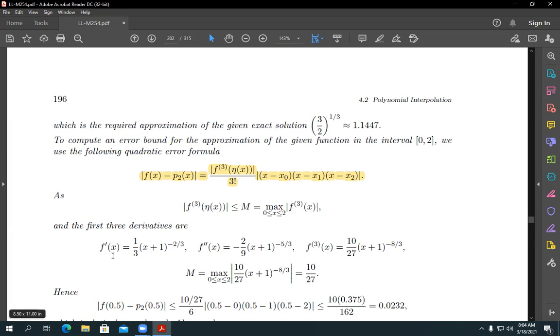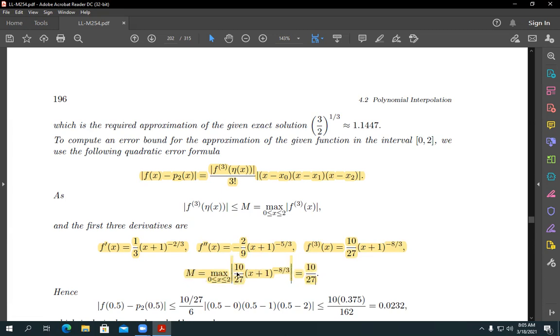The first derivative is this, the second is this one, and the third derivative is very simple to find here. Then you find the maximum value of the third derivative inside the given interval. Your interval is what? From 0 to 2 here.